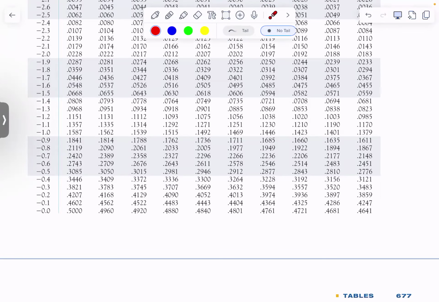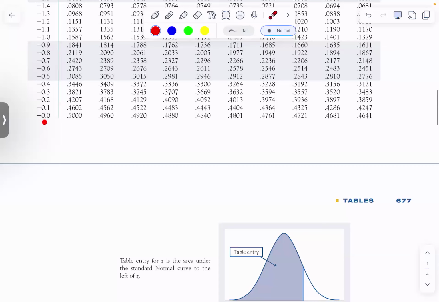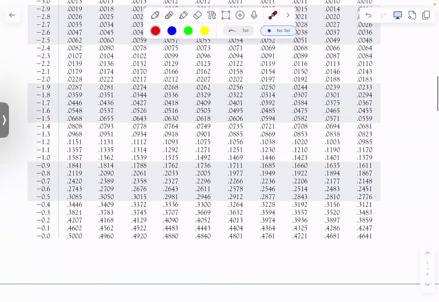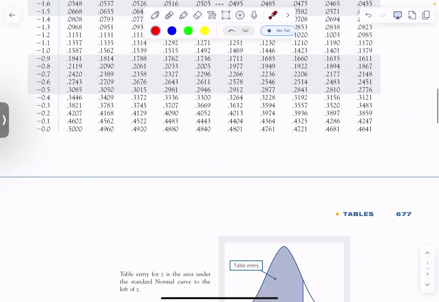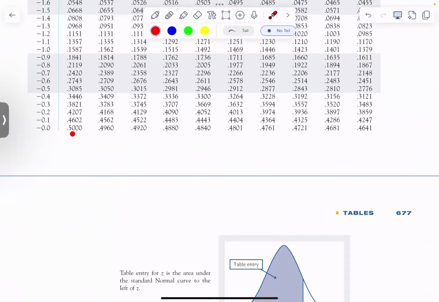If the total area is 1, I would expect it to be 0.5. And so here at a z of negative 0.00, I have an area to the left of 0.5.